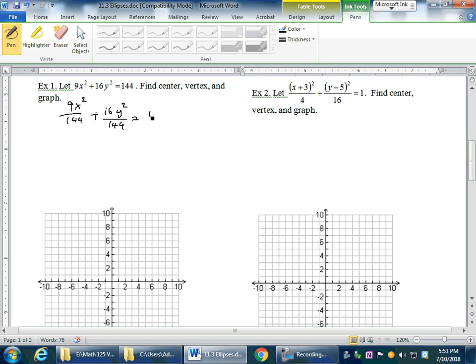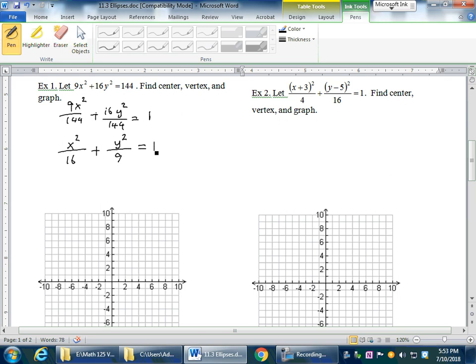Then reduce. 144 divided by 9 gives me 16, so x squared over 16 plus, now we know that 16 goes into 144 nine times, y squared over 9, equal to 1.